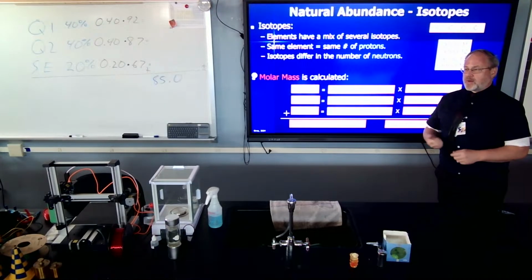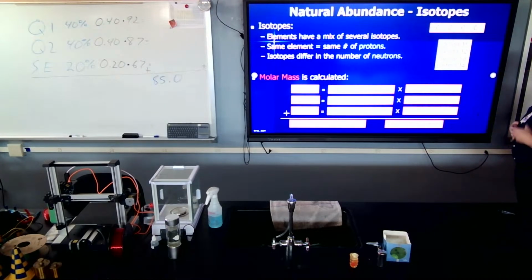We're going to talk more about that on Thursday. Just a little preview, the molar mass is how much of a material you have in a certain number of grams that matches the periodic table. So if I have 12 grams of carbon, there's 12 on the periodic table. That is 1 mole. We'll talk more about that on Thursday.